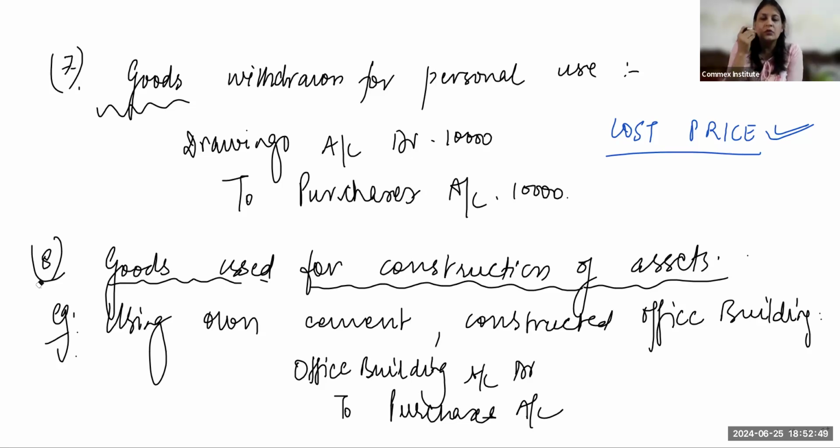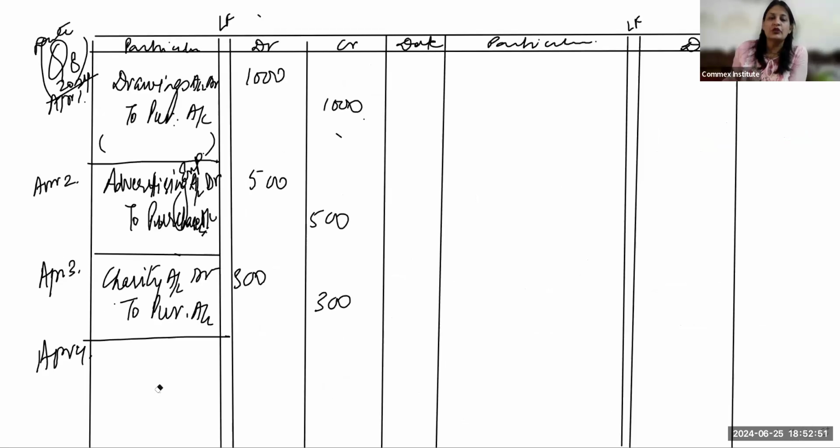Okay, so those would be using the goods for construction of own assets. So it will be office furniture account debit to purchases account. And the amount would be 5,000 and 5,000.